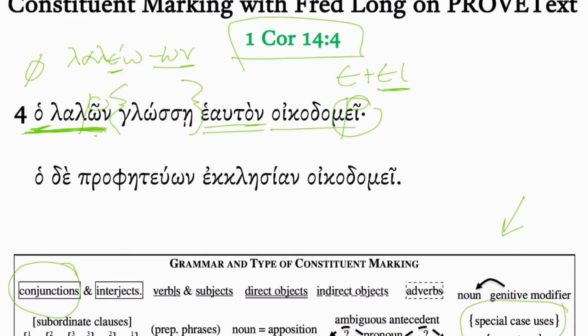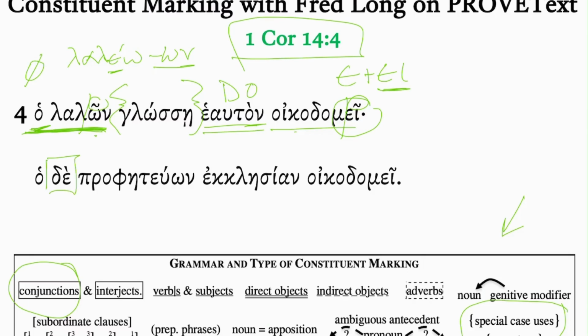So the verb is ikodomi, builds up or edifies, and then the direct object is e auton, builds up himself. So altogether, it's the one speaking by way of a language or in a tongue, builds up himself, edifies himself.